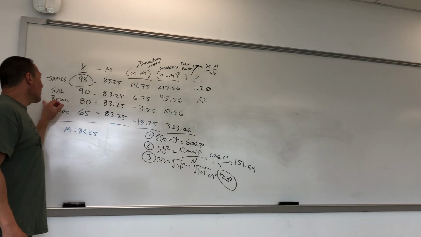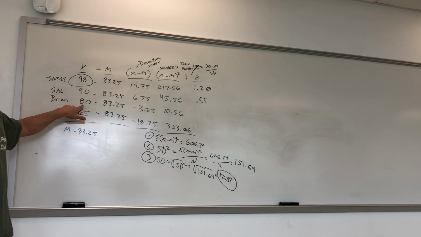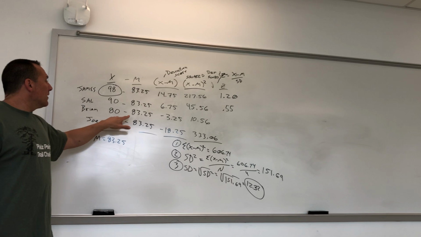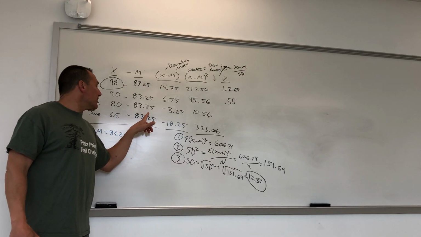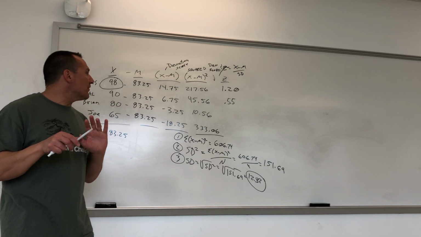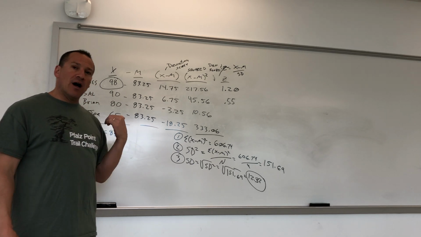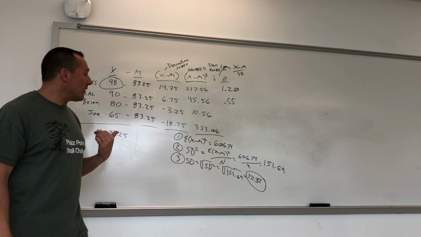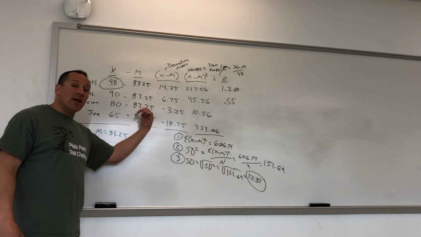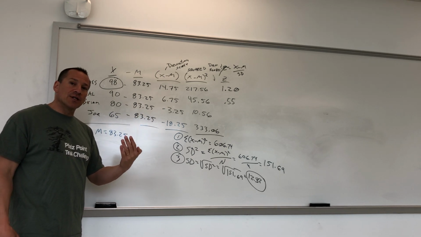Okay, let's take a look at Brian over here. Brian's raw score is 80. The mean, or the average, is 83.25. Right away, even if you didn't know anything about stats or z-scores or this or that, if you were Brian's mom, what would you say to Brian? You'd probably say, Brian, you're not doing as well as everybody else, right? Your score is below average.